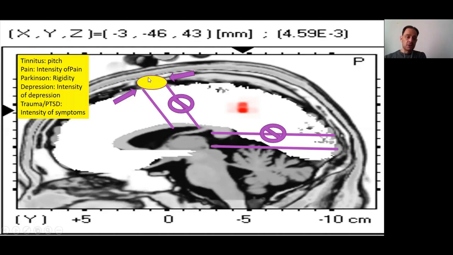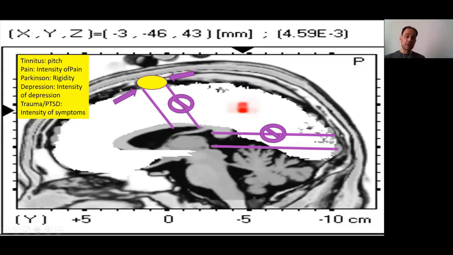This yellow circle represents neuroplasticity. If there's damage in one region of the brain, the rest of the brain is not going to sit there and go, oh, well, tough life, it's what happens. No, the rest of the brain is going to mobilize neurons to compensate for what's happening.